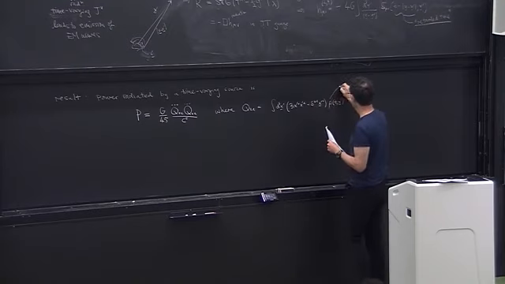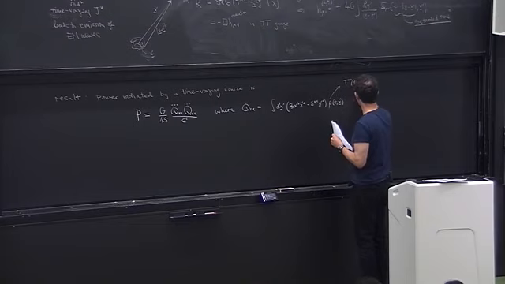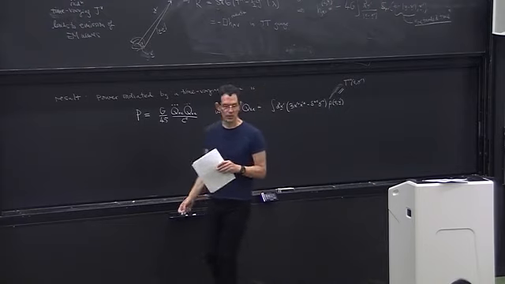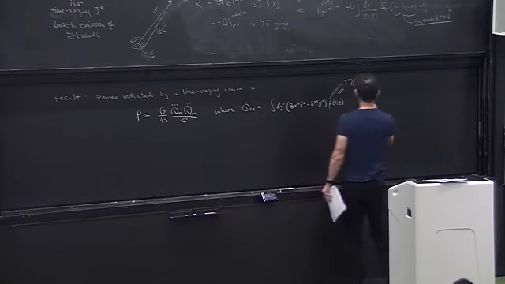And the density is given by T naught naught. Okay, so this is called the quadrupole moment.